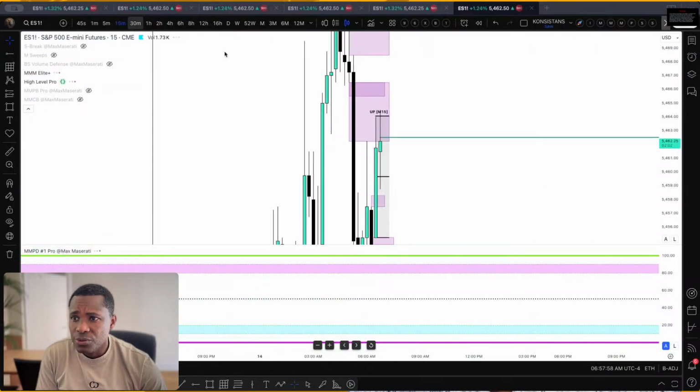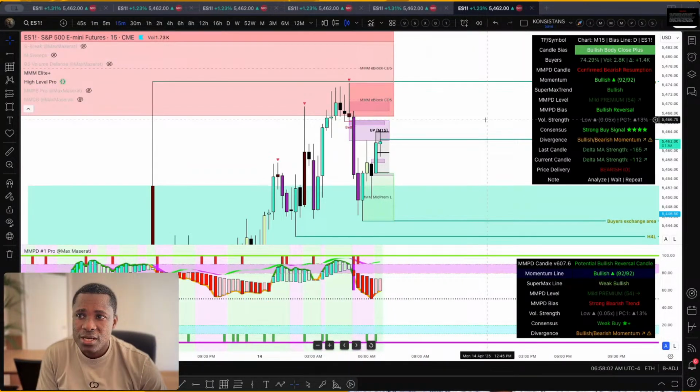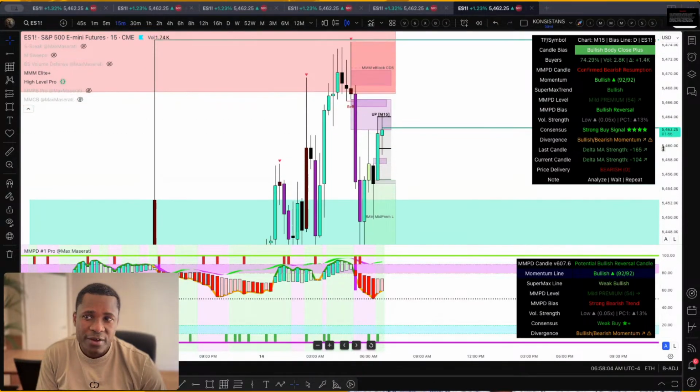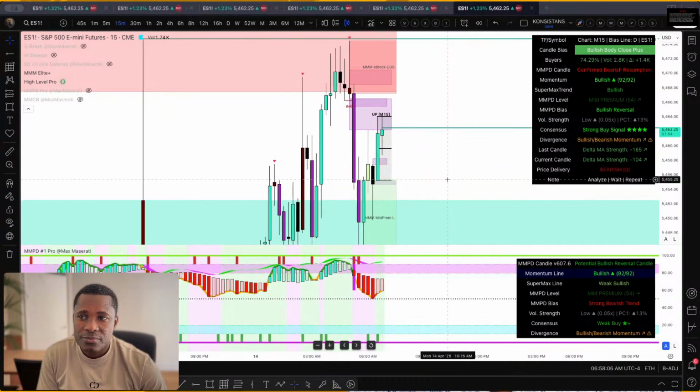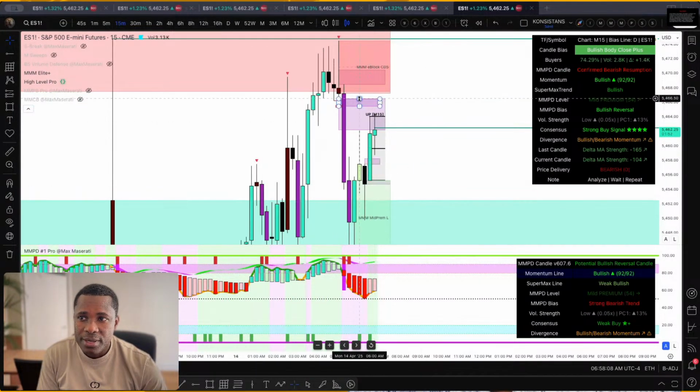Your best shot now is to have a very bearish body close. The best trade that will align with everything is a very bearish body close, with price coming inside of this level. I was targeting inside of this unfair pricing gap on the 5 and 15 minutes, and probably price touches this MMA external block.